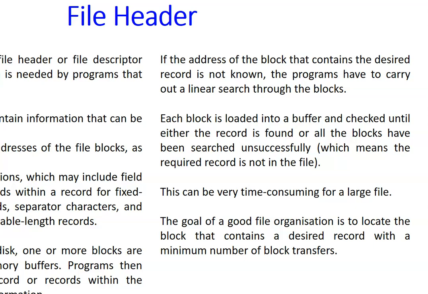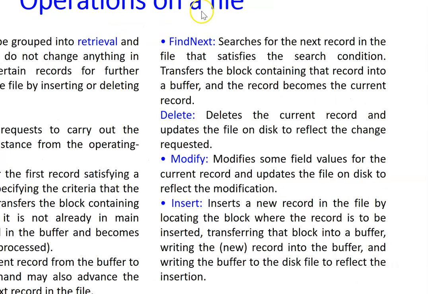The desirable state is to make sure that you can locate the desired record in the shortest time possible, going through a few block transfers without having to transfer all the blocks onto the main memory. That is the desired state.